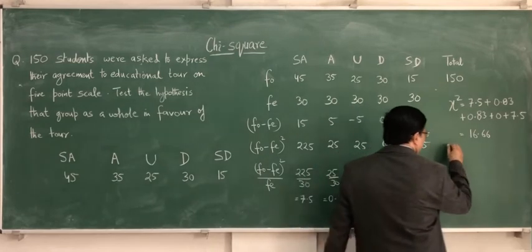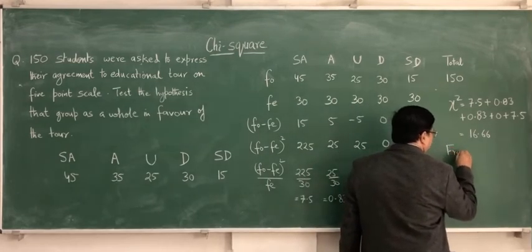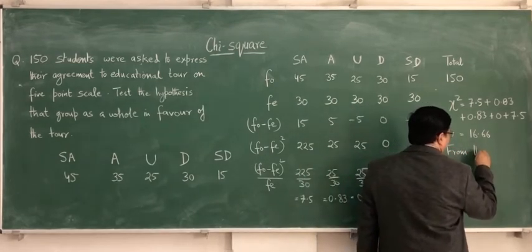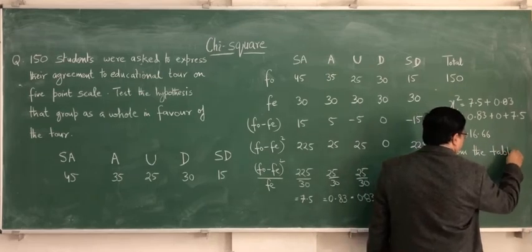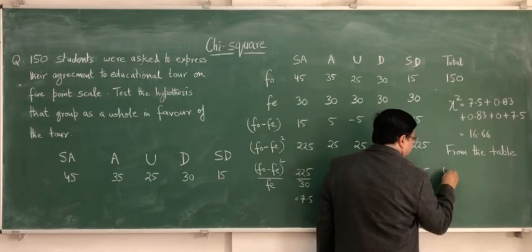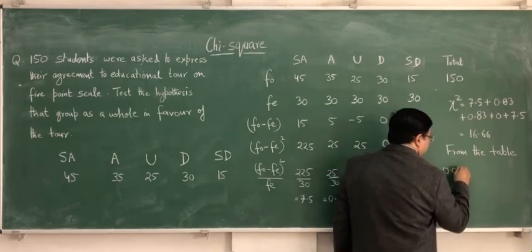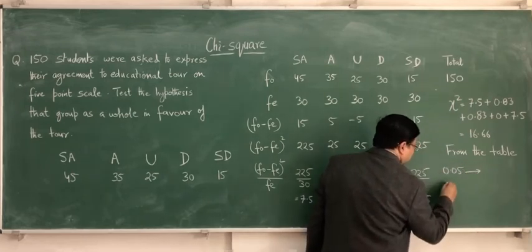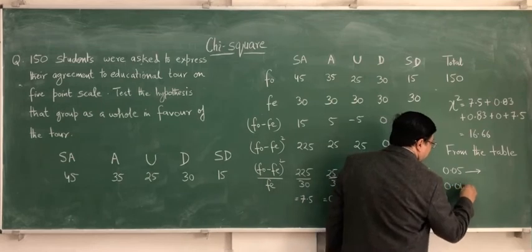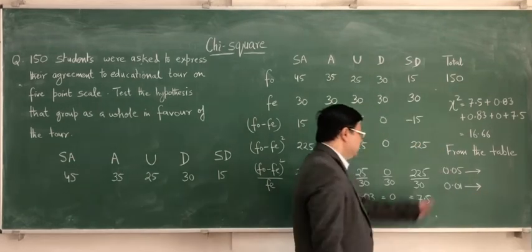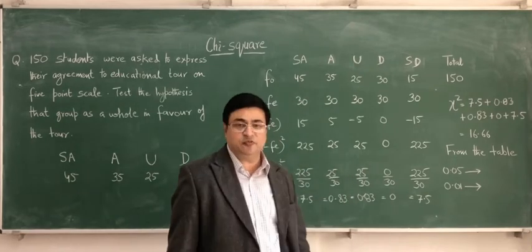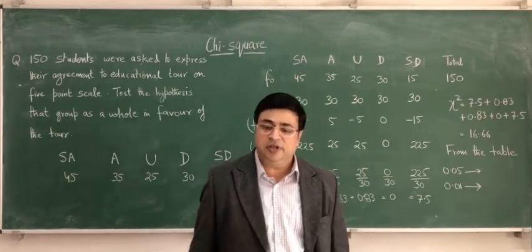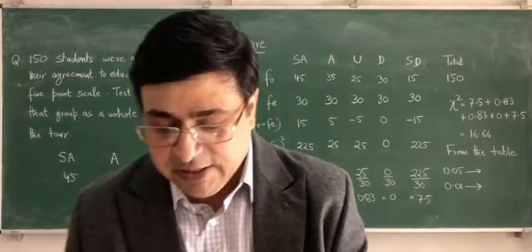From the table, the level of significance is at 0.05 and 0.01. So let us check the table.